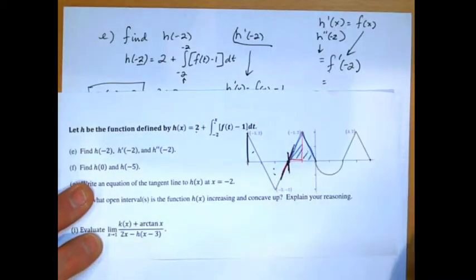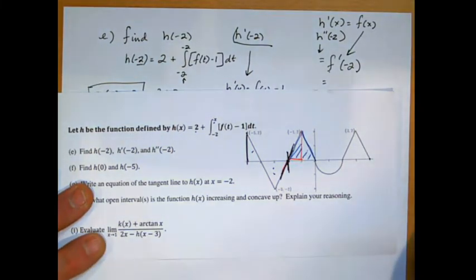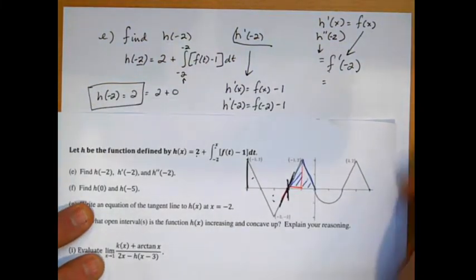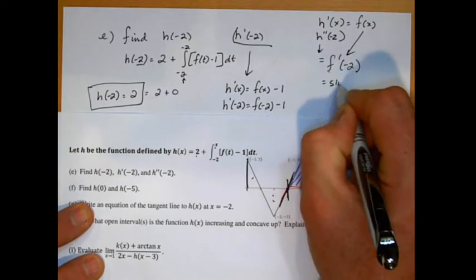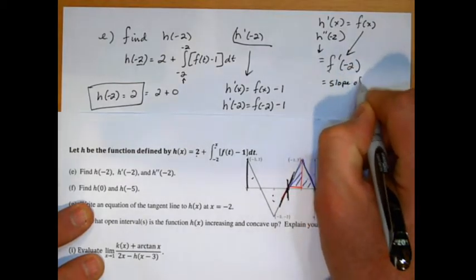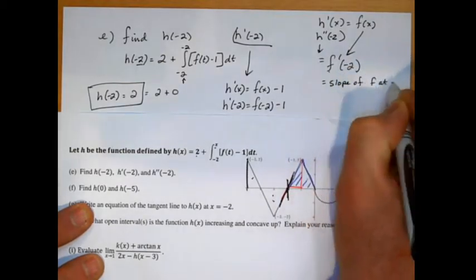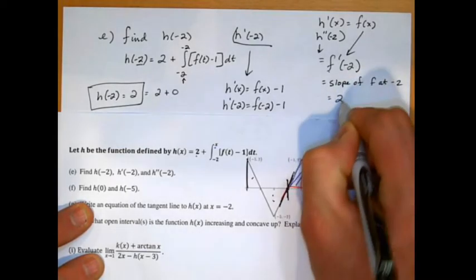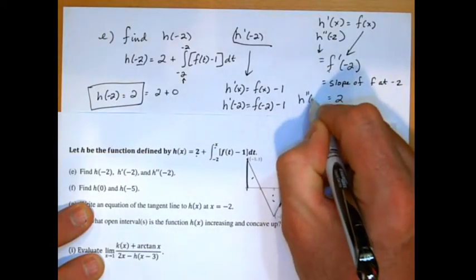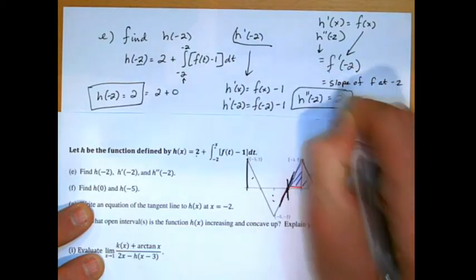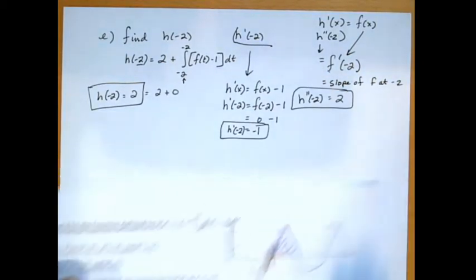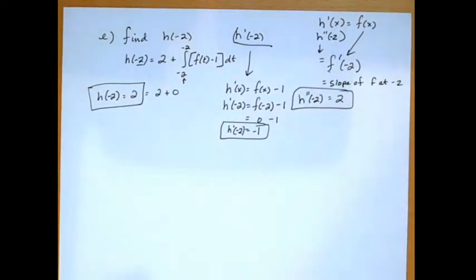The slope of that line is positive 2. So h double prime of negative 2 is negative 2, or positive 2, excuse me. They want h of 0.